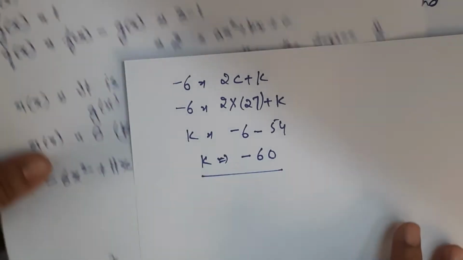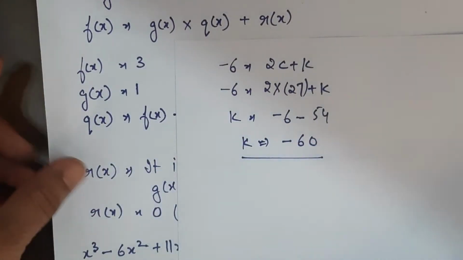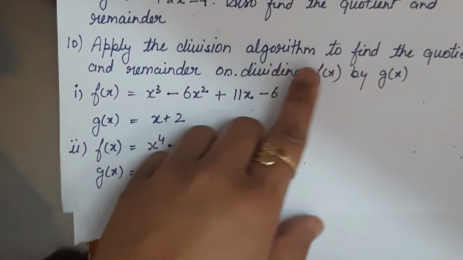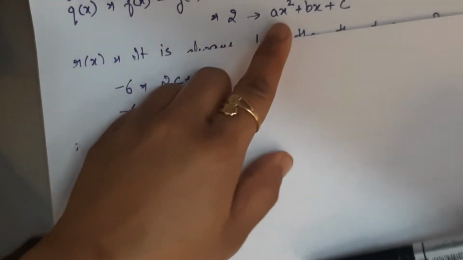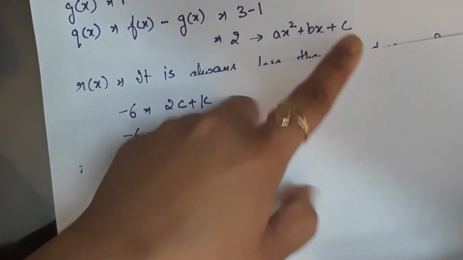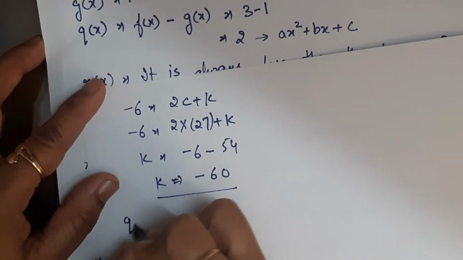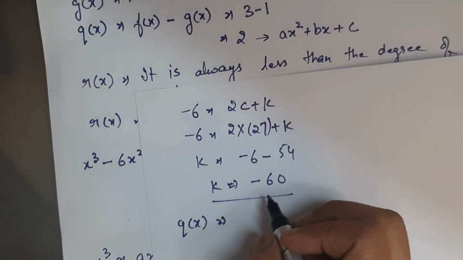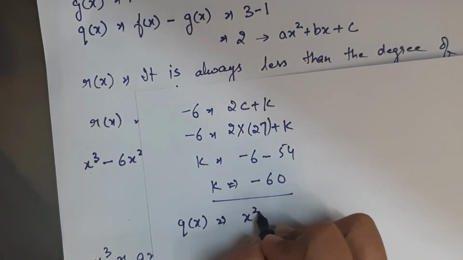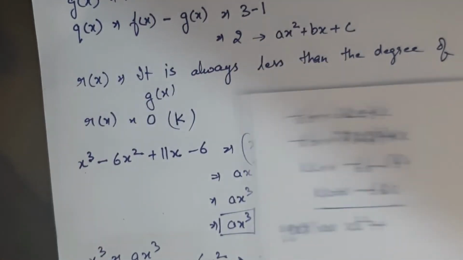So all the values we get. Now we can easily find the answer. F(x) and g(x) are given to us in the question. See, in the question they ask to find the quotient and the remainder. So for the quotient, what is the equation we have written? It is ax² + bx + c. So put the values. We have to find the quotient, that is Q(x). So Q(x) equals a, instead of a write 1, so it comes out to be x² + bx. b is what? -8.